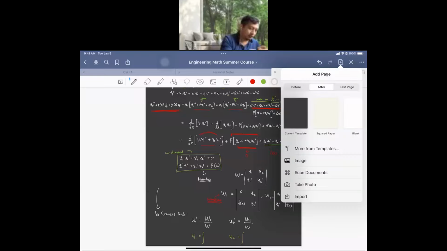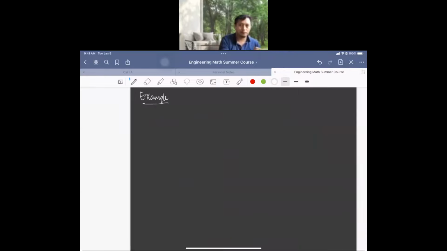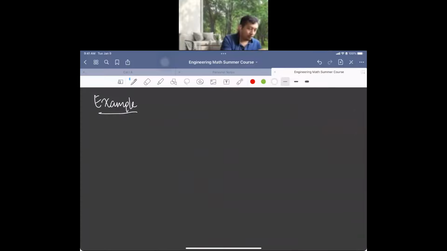Okay, let me give you an example. Let's say we have this differential equation.